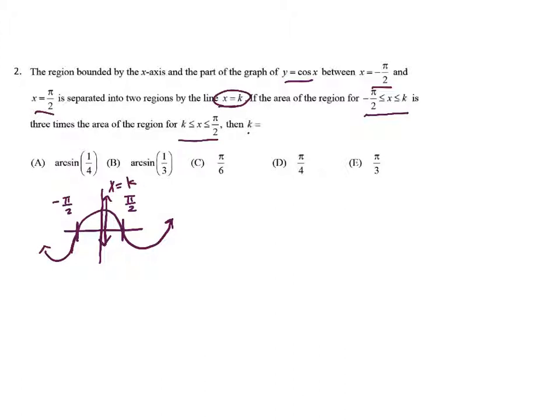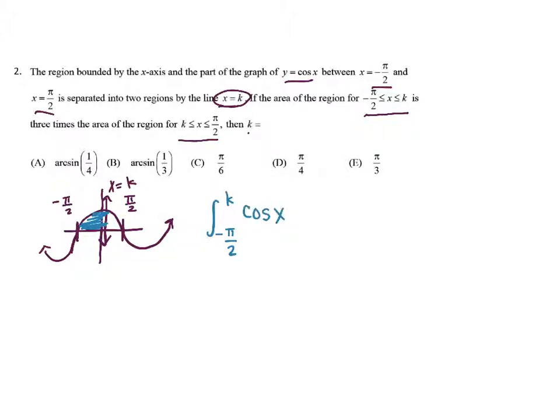So let's see, if we tried to set up an integral to find this region here, well, you're going to integrate from negative pi over 2 to k of cosine of x.